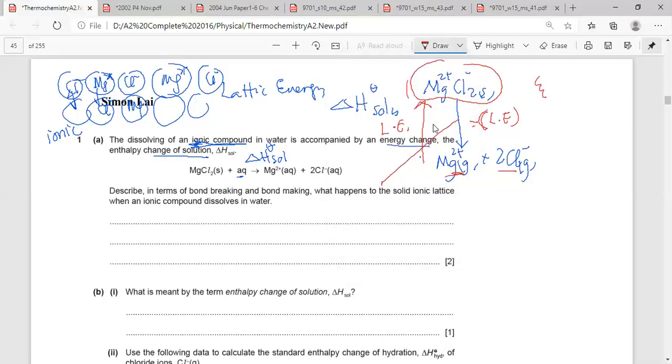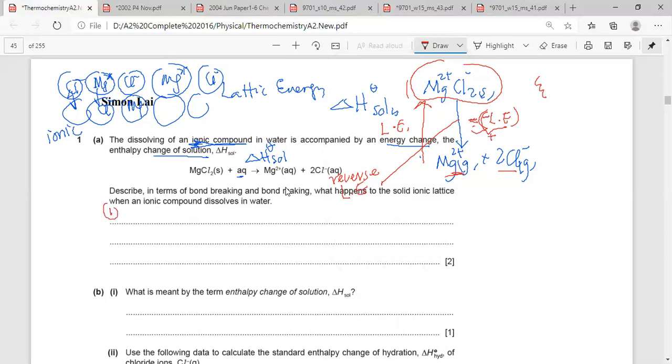Okay, so it's called reverse lattice energy, which means minus in front. Remember, lattice energy is always negative, so negative and negative will give you positive. Correct or not? Here I require energy to break up the bonds. So the first thing is bond breaking. I must break the bonds.